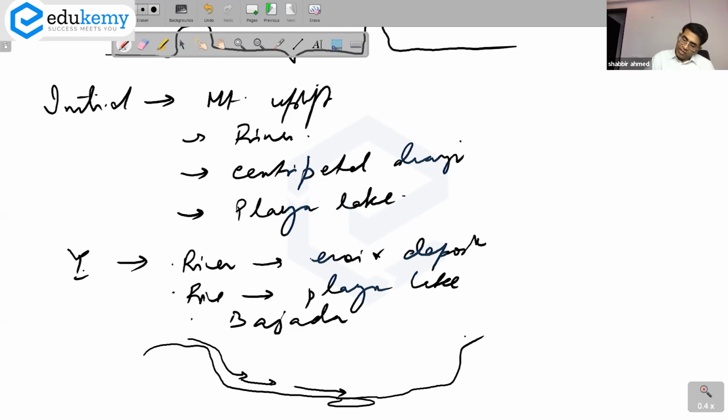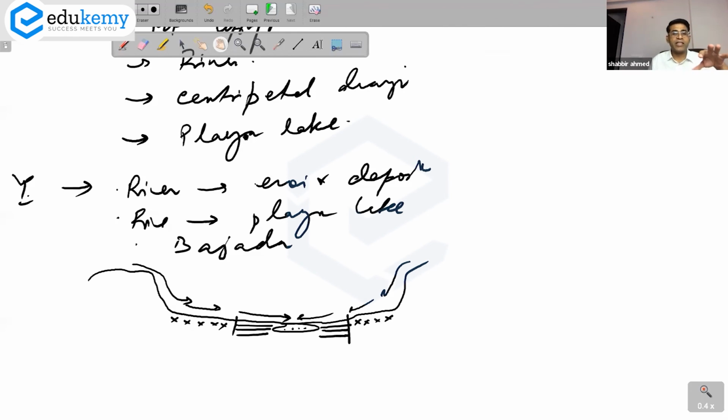The river flows down into this. So this becomes the playa lake, and this is the depositional bahada. And this is the pediment. So in the youthful stage, the river starts erosion and deposition.